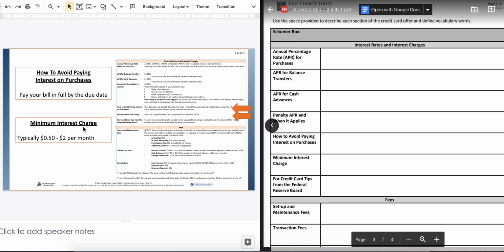So a lot of times they'll have a minimum interest rate. Unless you pay your balance in full, they're going to charge you at least 50 cents up to a minimum of $2 per month. That means that if your balance is too low to meet that minimum interest charge, they're still going to charge you that, and you're still responsible for paying it.